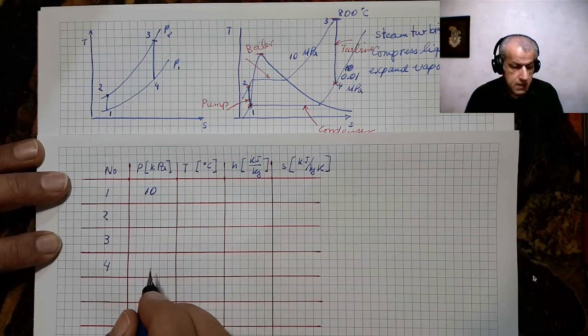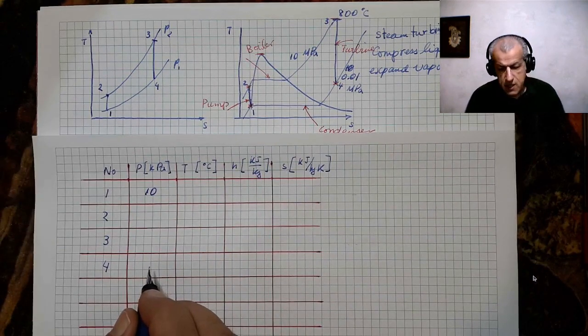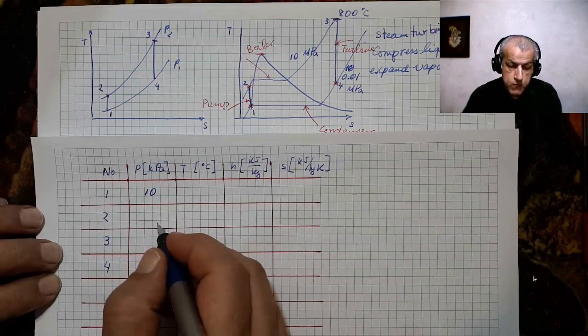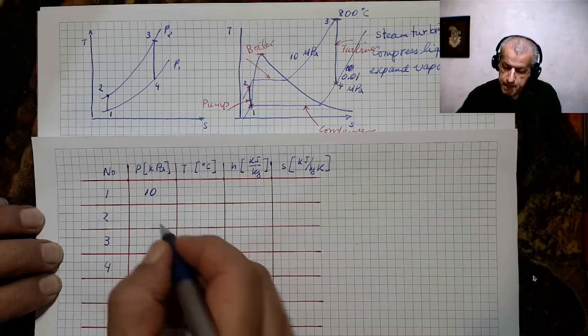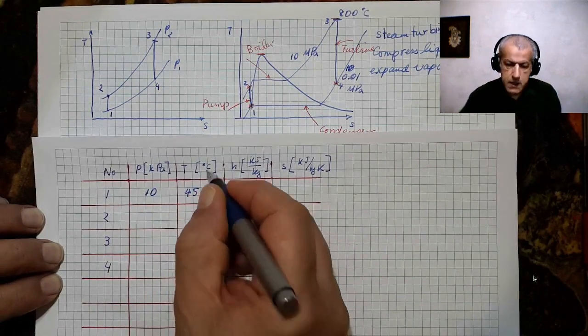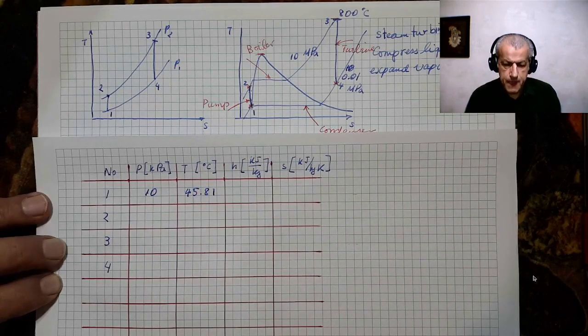Its temperature is the saturation temperature, and the saturation temperature for 0.01 megapascals is 45.81 degrees C. And we have other properties for it.